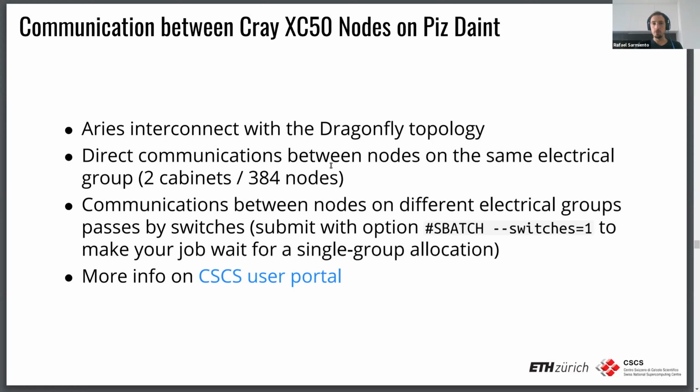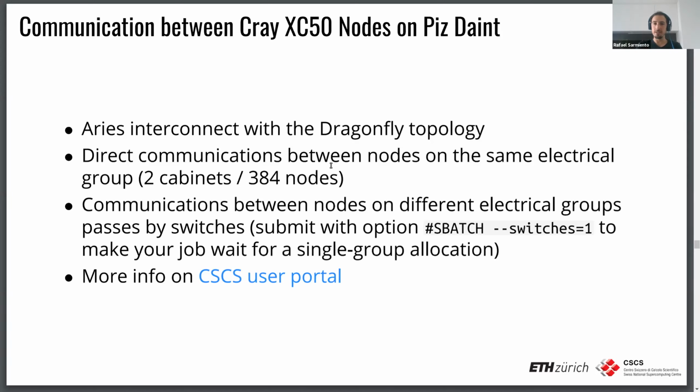And now, when you want to communicate between nodes in different electrical groups, they pass through switches. It is organized kind of hierarchically, like a tree. Depending on how far apart the nodes are, you have to cross more switches, and that could slow things down because every switch has to handle much more communication than within an electrical group.